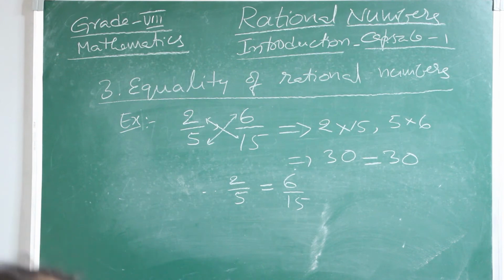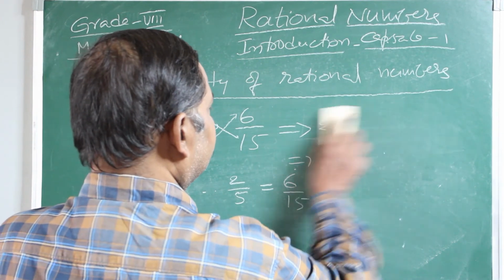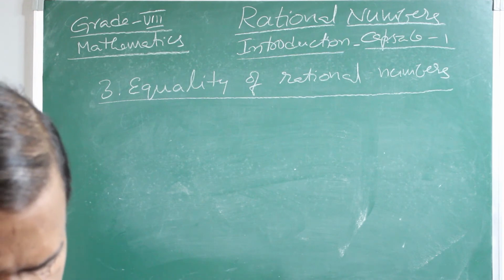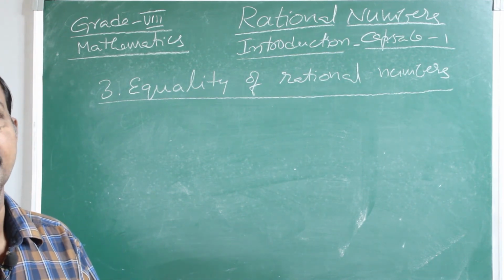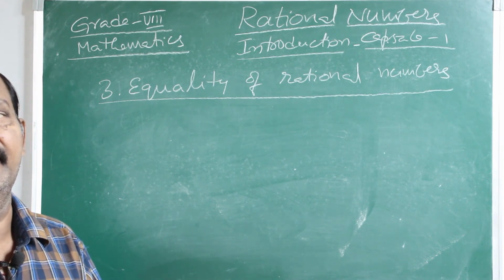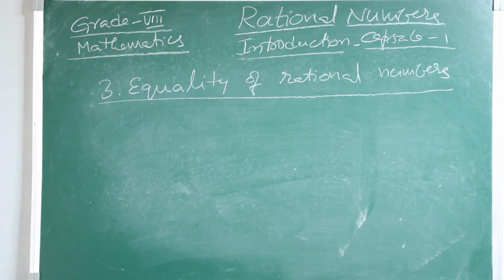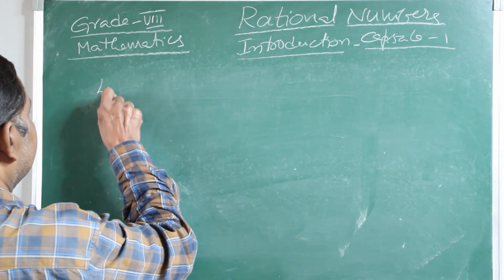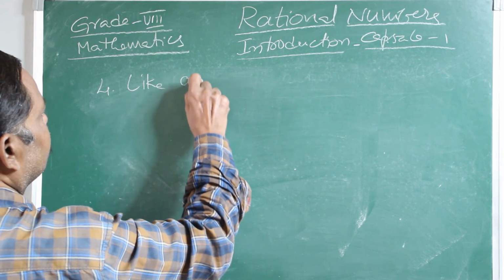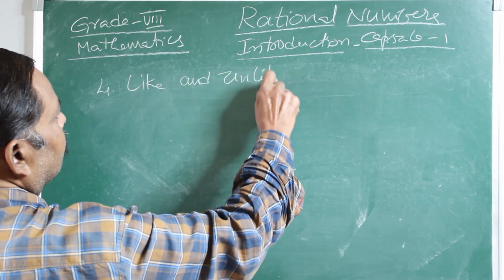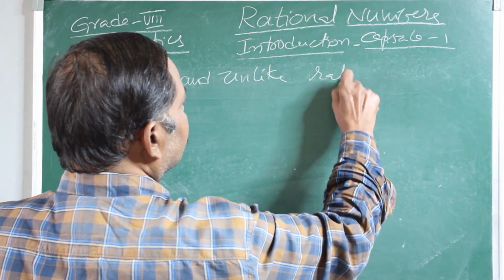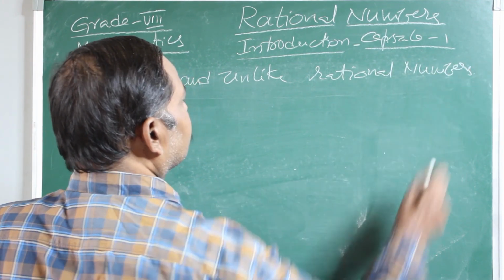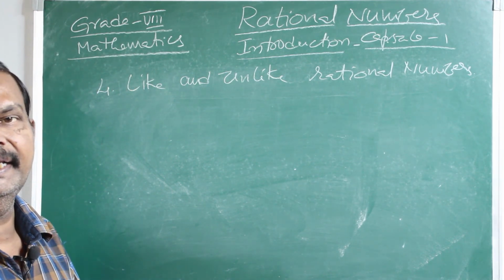Now, the next thing is like rational numbers and unlike rational numbers.